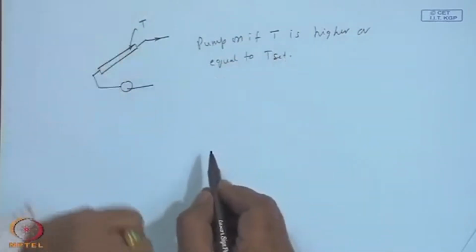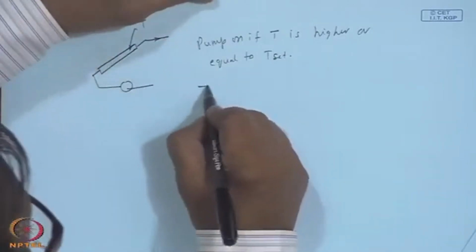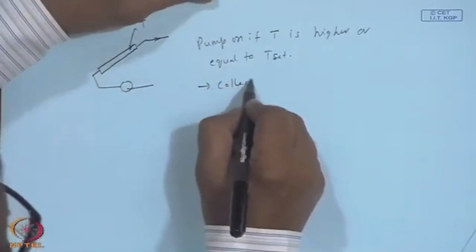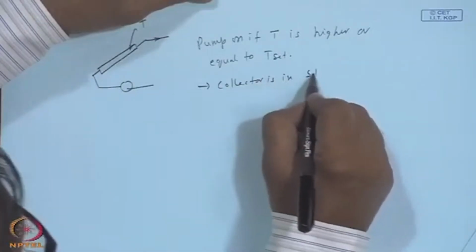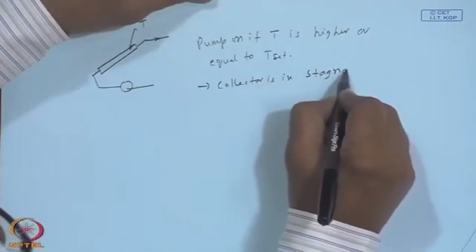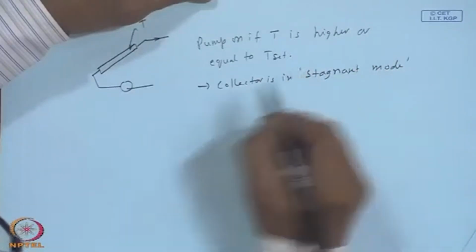So, this is also on and off of the pump, but the difference is the collector is in stagnant mode most of the time.